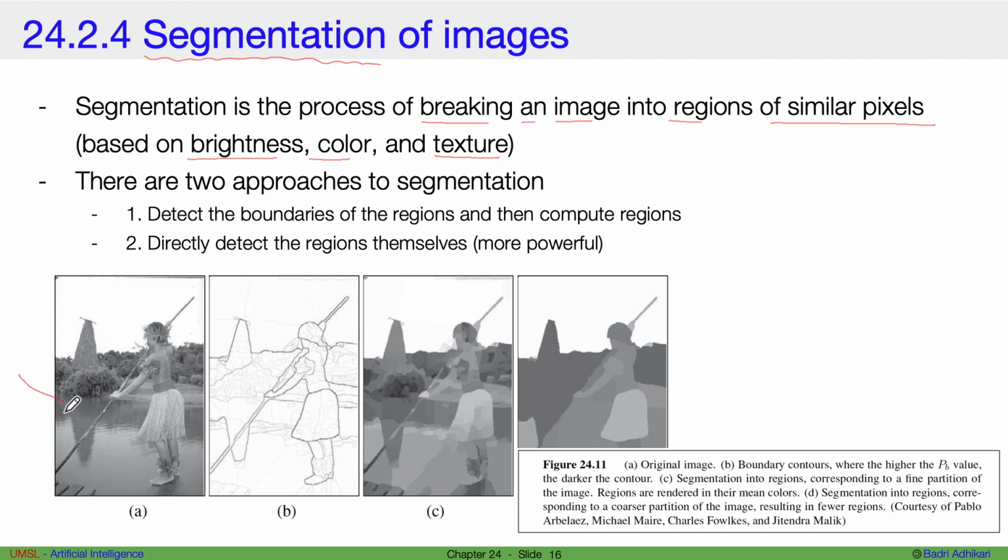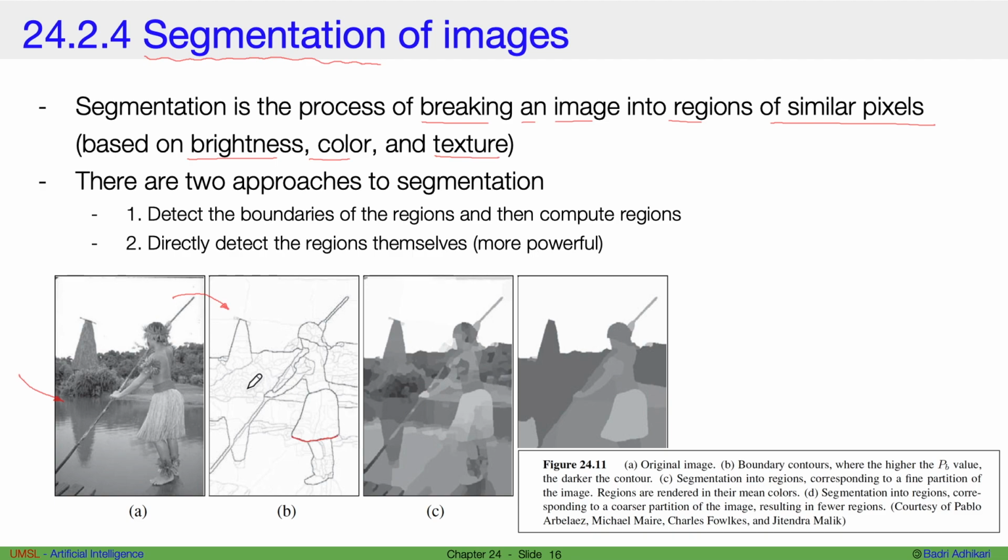Say we are given a picture like this and we would like to segment this image. We already know how to detect edges in an image, and we can even classify edges by their intensities, and we can come up with a picture that looks like this, where the edges are correctly detected. Darker lines represent edges that have a very strong derivative, and lighter lines represent the edges that have lower intensity.